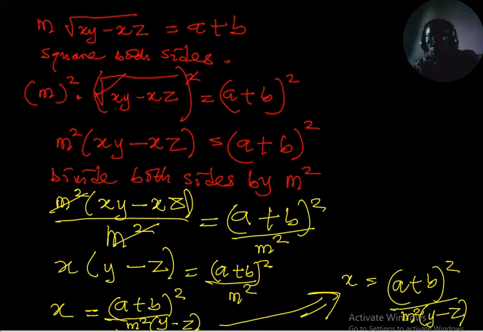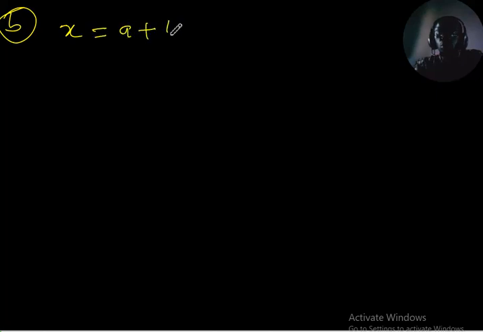Then the subject of the formula A now is the B part. Now you have it that x equals a plus b squared over m squared in bracket of y minus z.